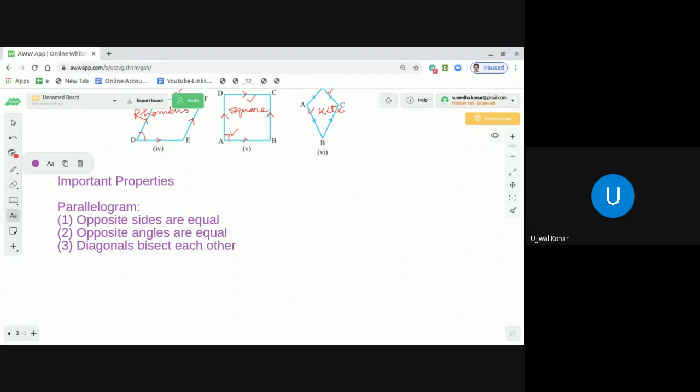And dear students, you may ask, sir, how come diagonals bisect each other? I will leave it to you. You prove it. If you are not able to prove it, then please do let me know. And the fourth one about the parallelogram is that adjacent angles are supplementary.